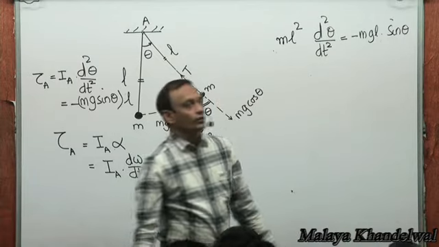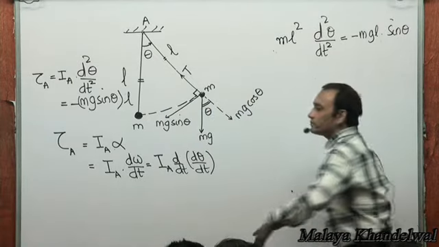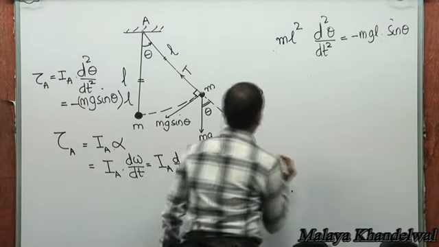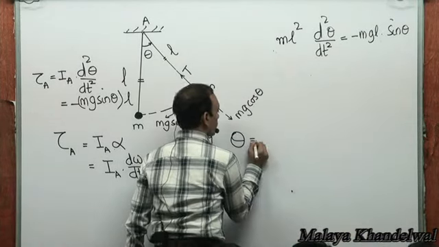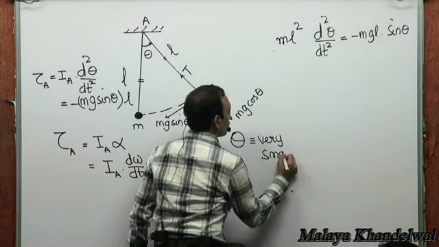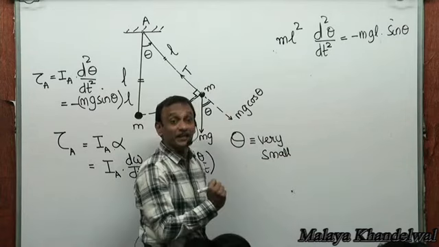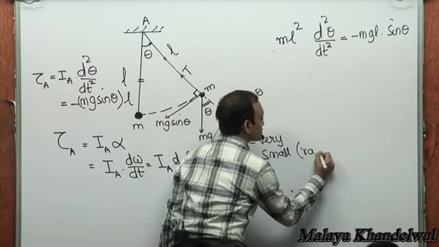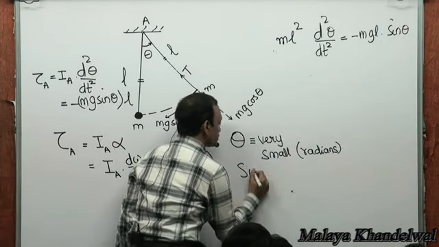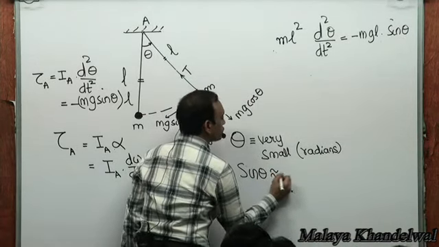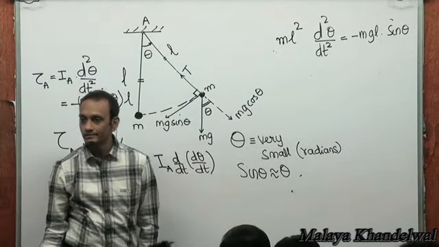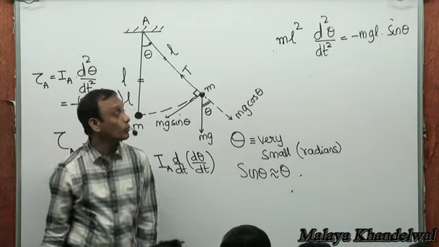Now, if theta is very small, in radians, then a good approximation is sine theta equal to theta. Sine theta is approximately theta in radians if theta is very small.